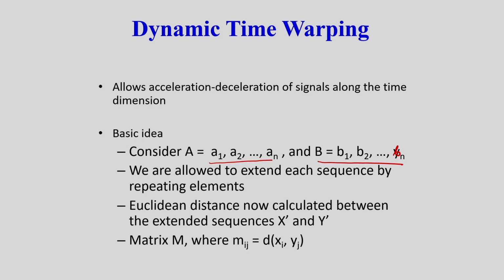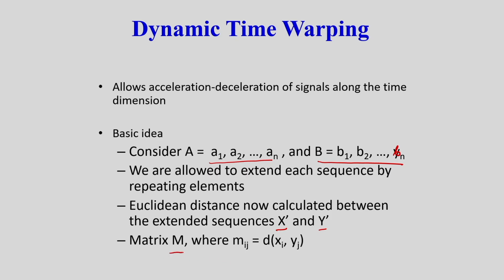That means we can extend the sequence. After this, we can calculate the Euclidean distance between these two extended sequences, x dash and y dash, where x dash is the extended x sequence and y dash is the extended y sequence.